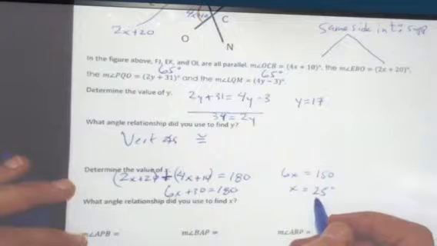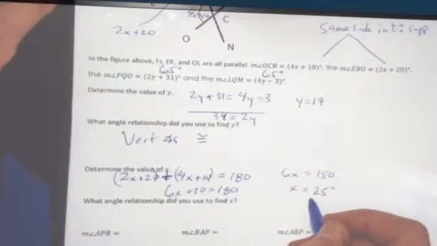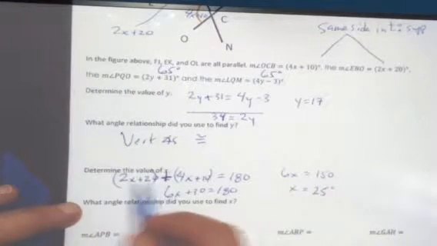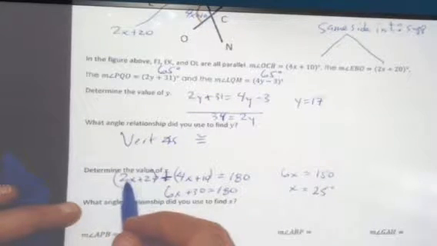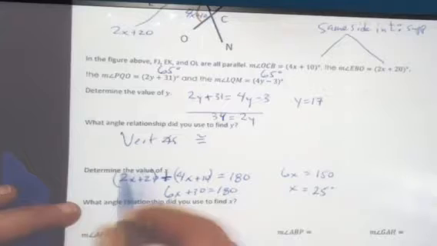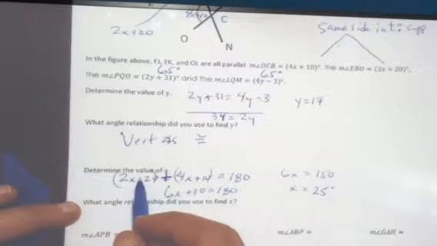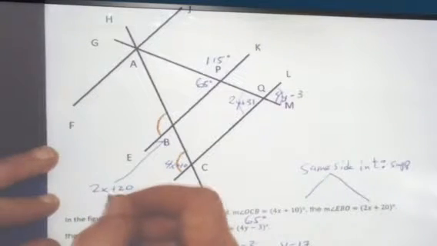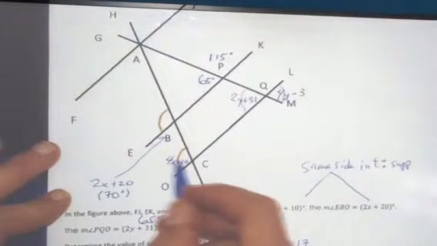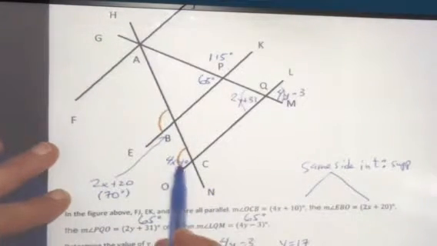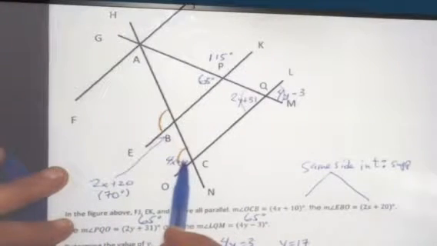Now we can figure out how big those angles are. So our 2x plus 20 angle, that's 2 times 25 is 50, then 50 plus 20 is 70. So this 2x plus 20 angle is 70 degrees. I'm going to write that under here. And then this 4x plus 10 angle, we could figure that out by subtracting 70 from 180.